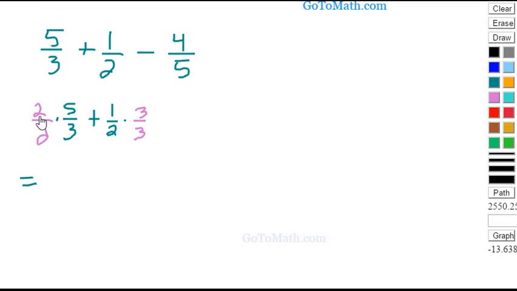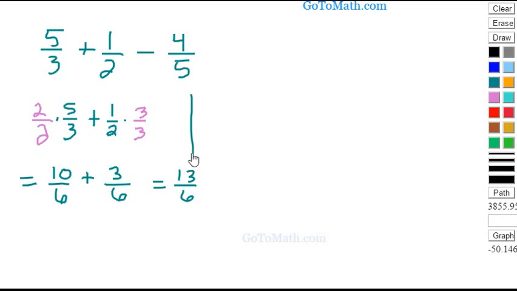And so now what we've got is 2 times 5 is 10, 2 times 3 is 6, plus 1 times 3 is 3, 2 times 3 is 6. What do we have? Well, we have common denominator. Isn't that nice? So 10 plus 3 is 13 over 6, right? And of course that can't reduce down any.